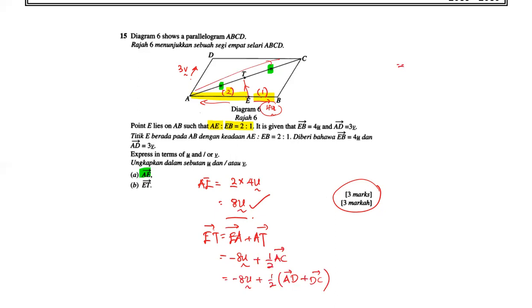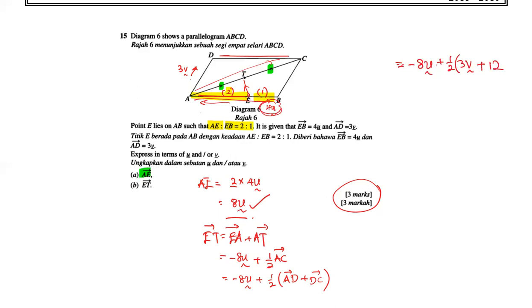Equals negative 8U plus half AD. AD is 3V. DC is actually AB. So if you look at the ratio, you know this is 4U. This one must be 12U.